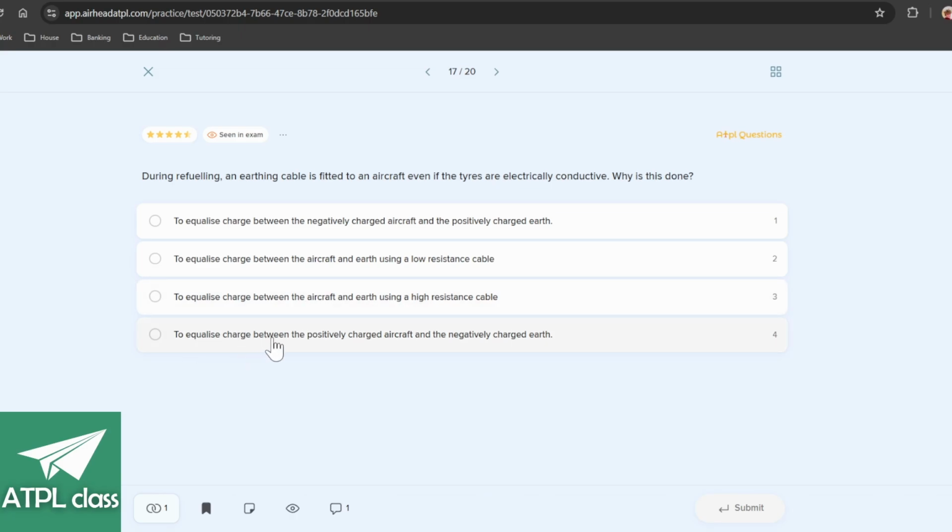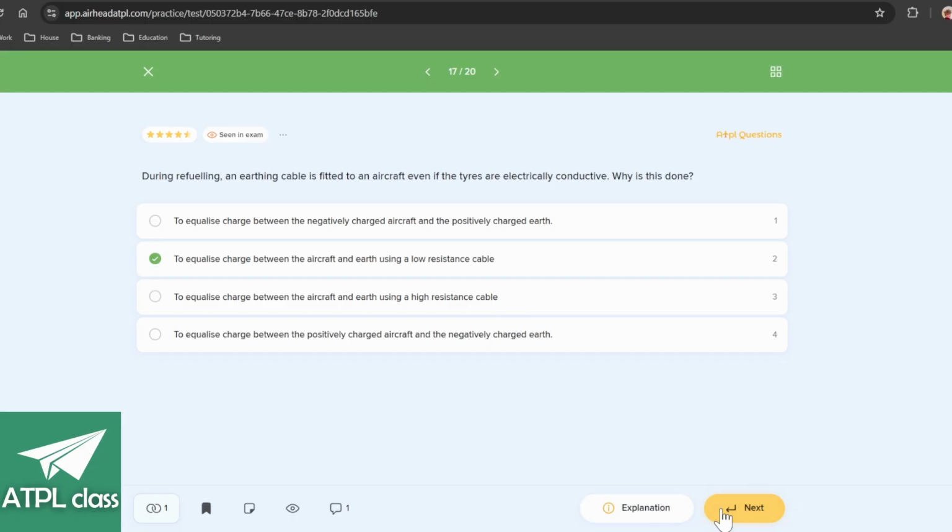To equalise charge between the positively charged aircraft and the... Well, you wouldn't be able to tell which one's positive and negative. The earth could be more positively charged than the aircraft, so it's just to equalise the charge. And you would use a low resistance cable because you want it to be easy.